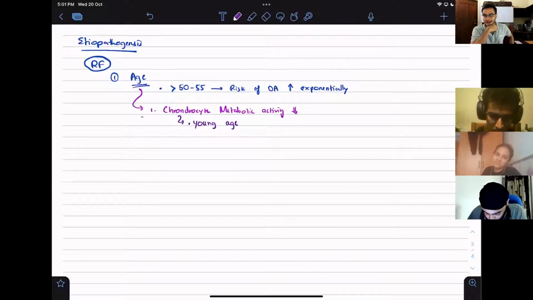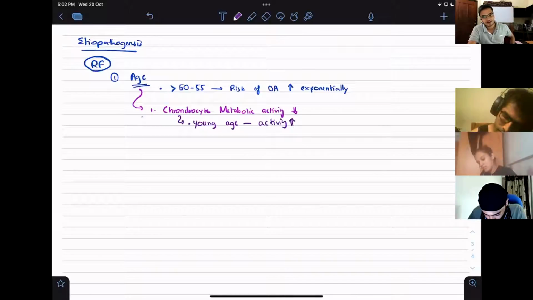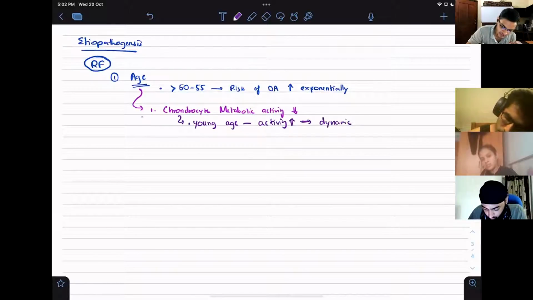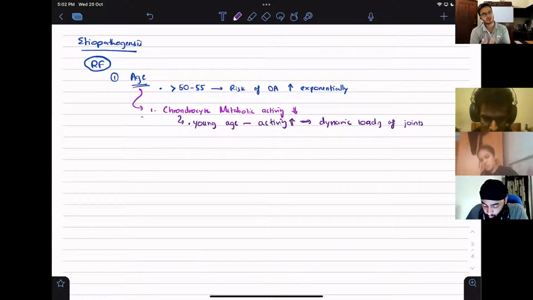How difficult to stand up sometimes? So at young age, our body level of activity is high. When our activity is high, we have dynamic loading of our joints repetitively throughout the day, because we are doing sports, we are running, we are very active.